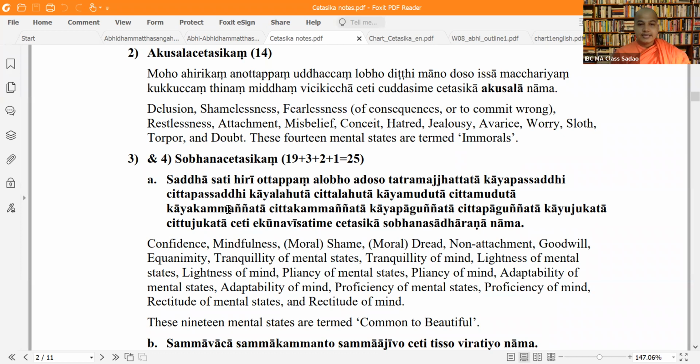So these are the first 19: Saddha, sati, hiri, ottappang, alobho, adoso, tatramajjhattata, kaya passaddhi, citta passaddhi, kaya lahuta, citta lahuta, kaya muduta, citta muduta, kaya kammannyata, citta kammannyata, kaya paguannyata, citta paguannyata, kayujukata, cittujukata, cheti ekunavisati ime Chetasika Sobana Sadharana Nama.